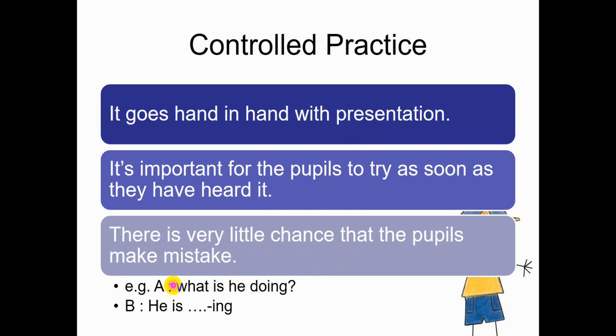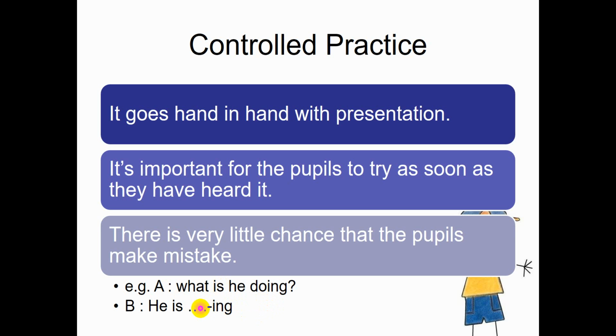For example, when I teach a dialogue like this, what is she doing? And then we teach them verb plus ing. We give the verb read, and then they just add ing: reading. He is reading. We give the word write: he is writing.